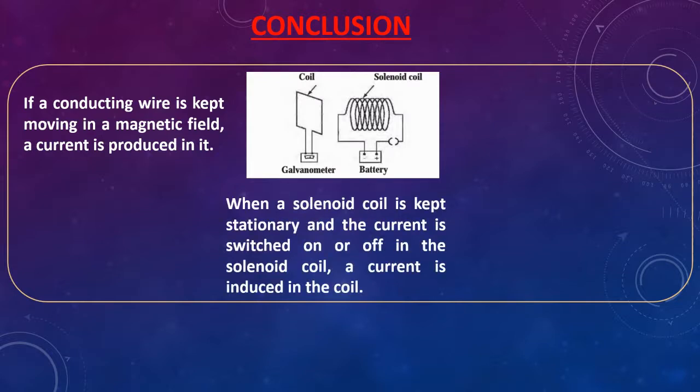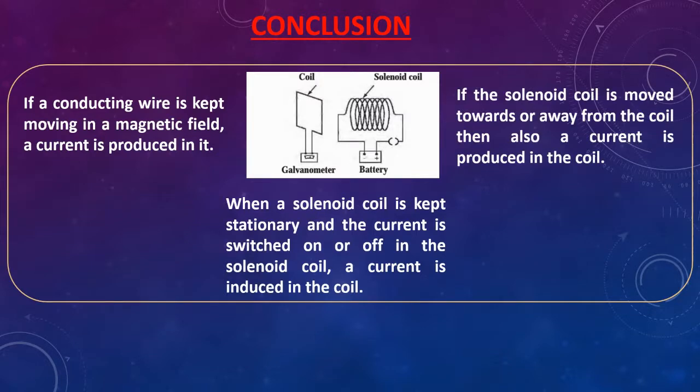In the second experiment, when a solenoid coil is kept stationary and the current is switched on or off, that means the plug key is closed or open in the solenoid coil, a current is induced in the other coil which is placed just adjacent to it. This we have studied in experiment 2.